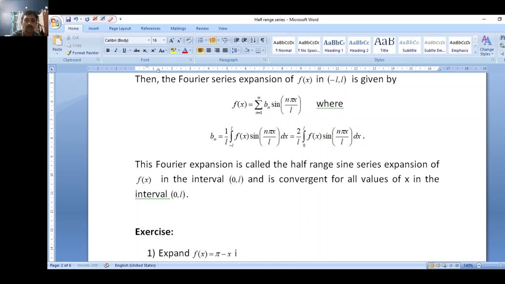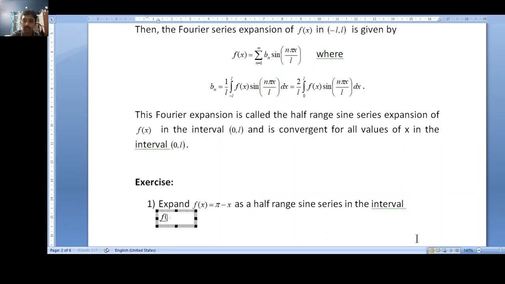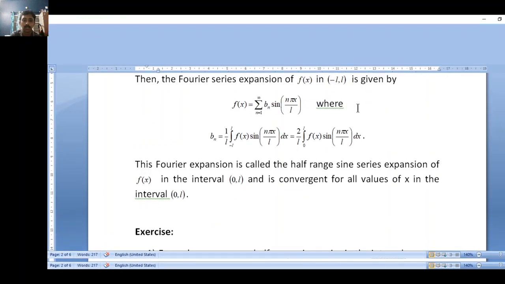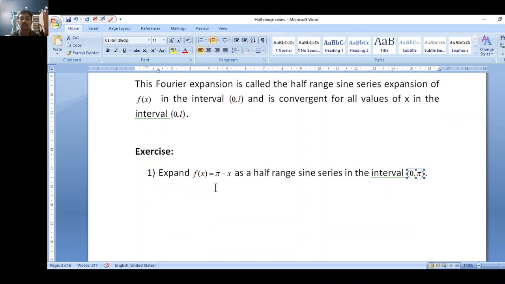Expand f of x as a half range sine series in the interval, say the interval, suppose we take it as 0 comma pi.